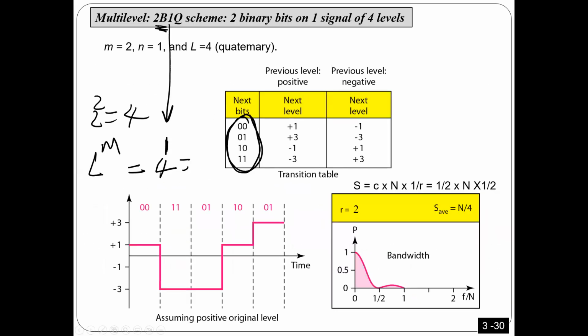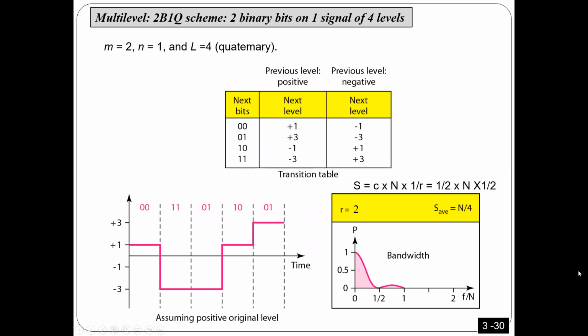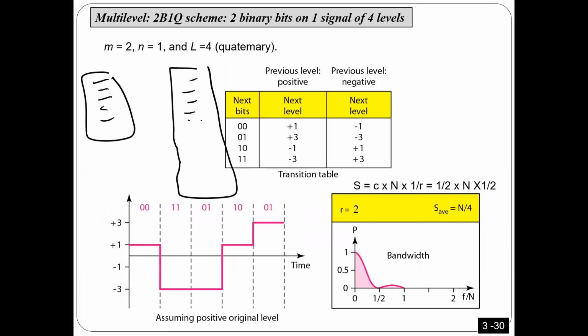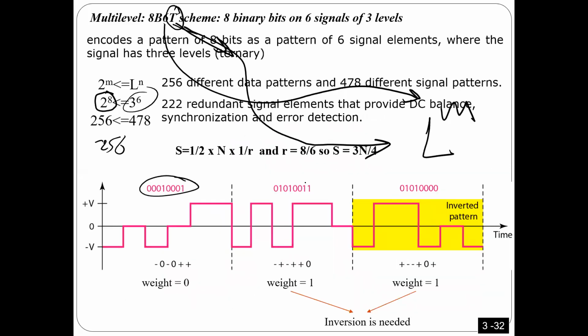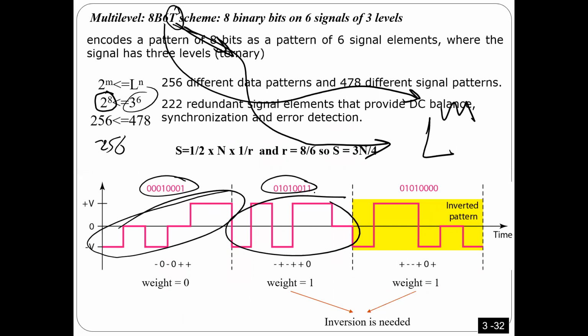We have binary patterns here, and we have signal element patterns here. Again, what do you mean by binary pattern? This is the binary pattern here. What do you mean by signal pattern? This is a signal pattern here. Let me finish my point before I take your question.